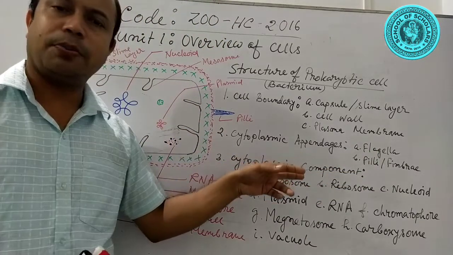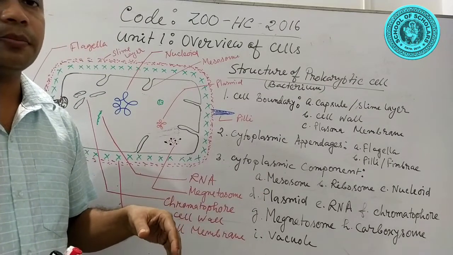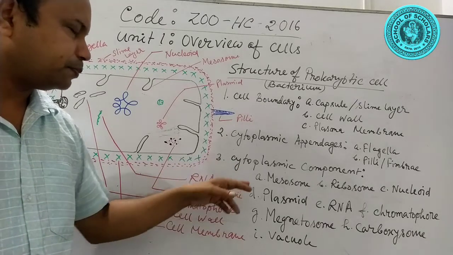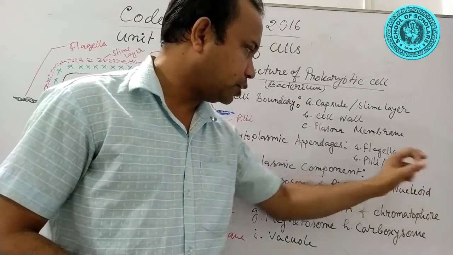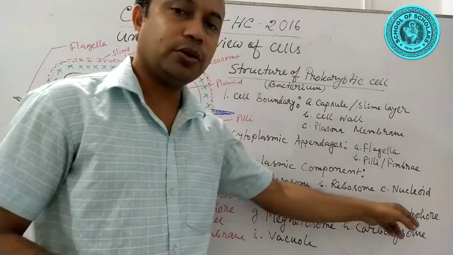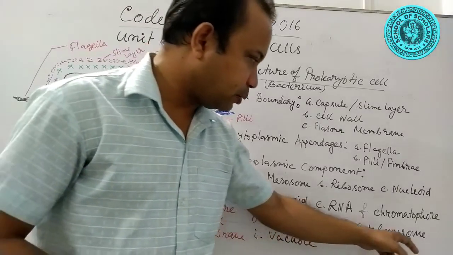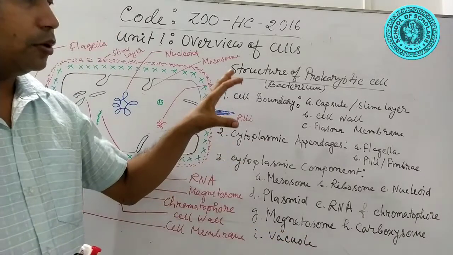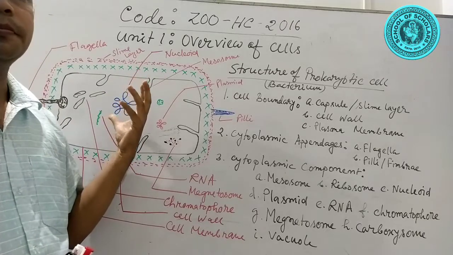Next, the cytoplasmic components, that means different types of components present inside the bacterial cell or in the cytoplasm, which are mesosome, ribosome, nucleoid, plasmid, RNA, chromatophore, magnetosome, carboxysome, and vacuole. Now, I am going to describe all the structures in this diagram, which I have already prepared.